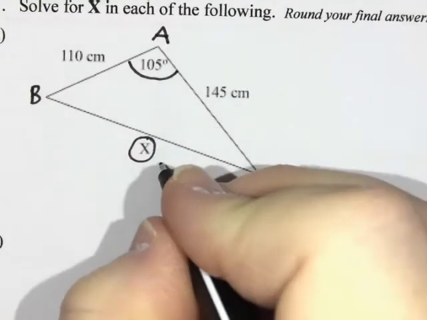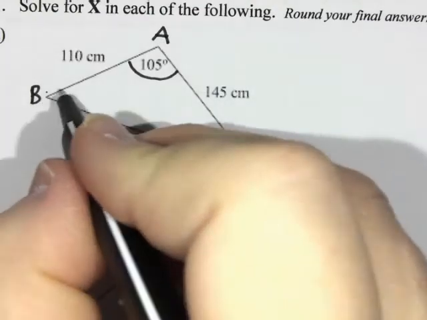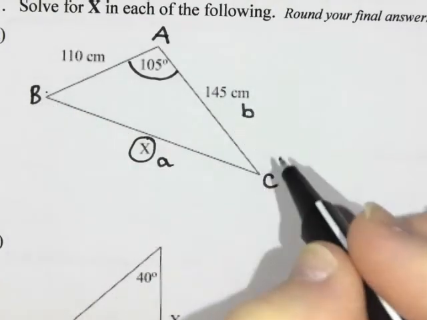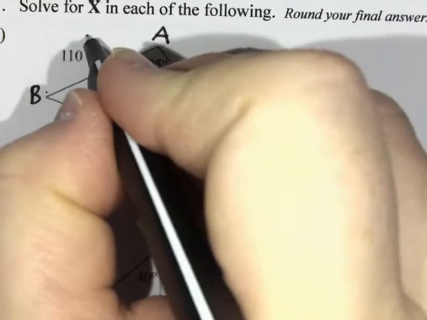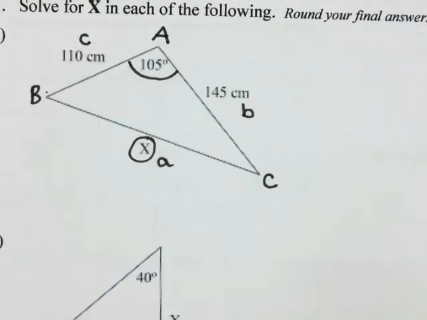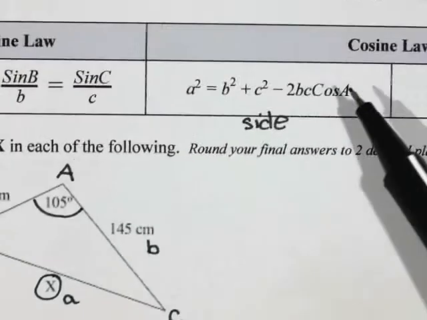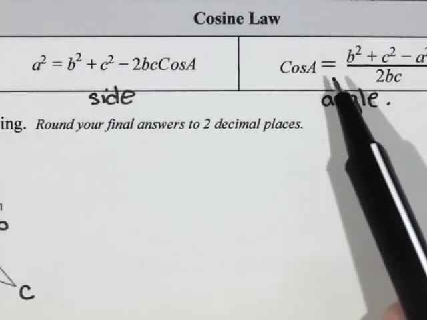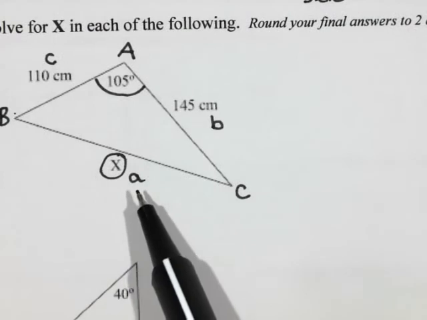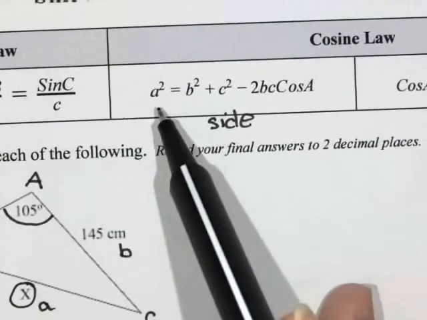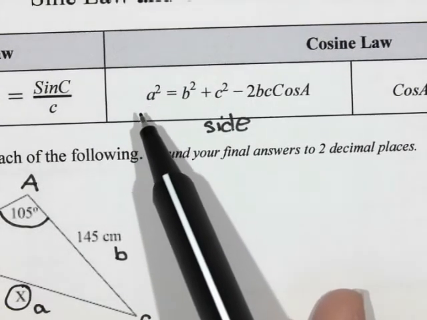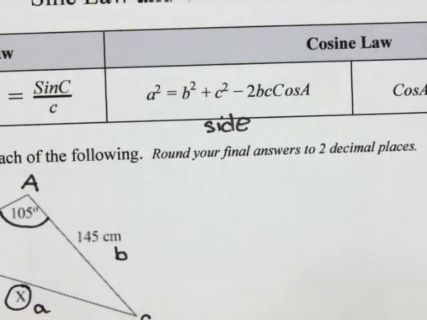Across from angle A is side a, across from angle B is side b, and across from angle C is side c. Another way I would know to use this formula instead of this formula is that I'm trying to solve for little a, and this one has little a on the left-hand side of the equation.